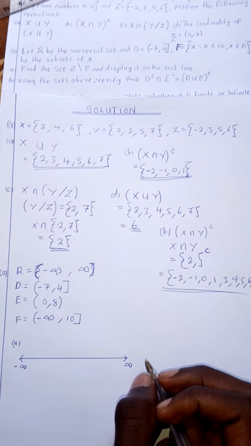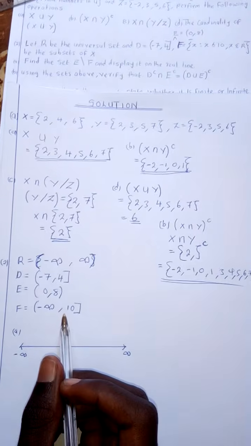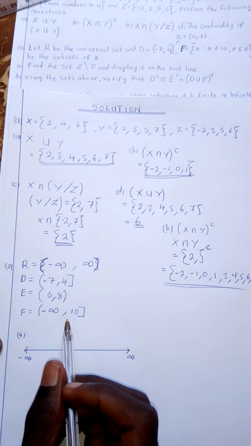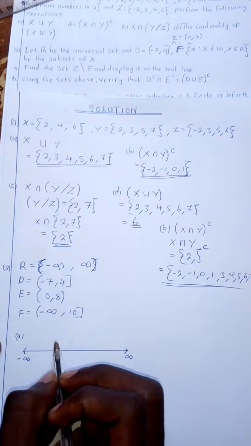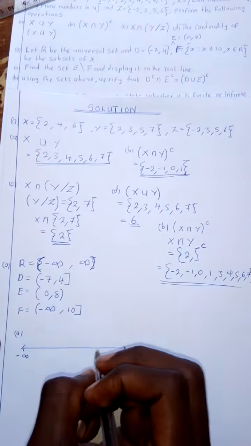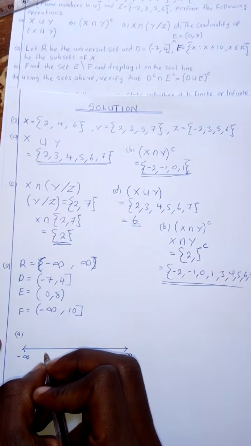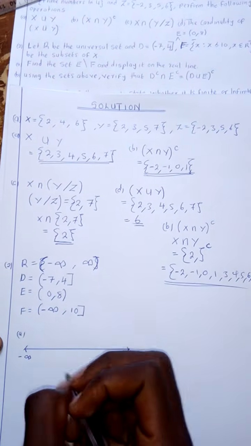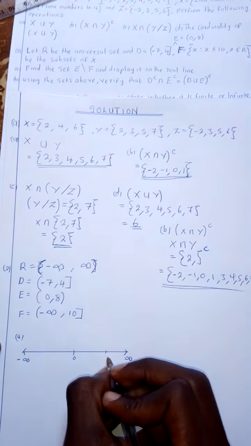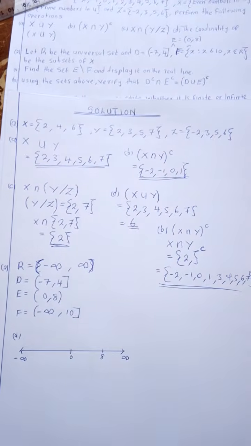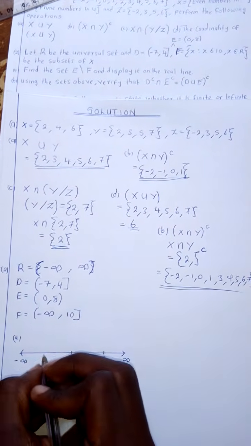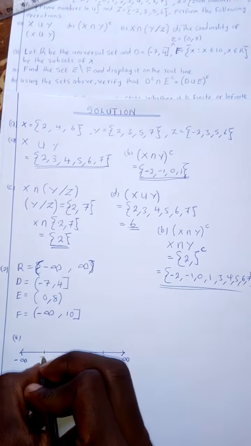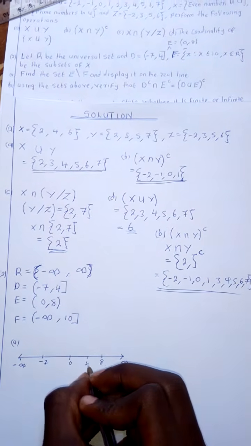Since we are dealing with E and E slash F, we are going to get E first. In E we have 0, then 8. In F we have negative 7, then a 4 here.